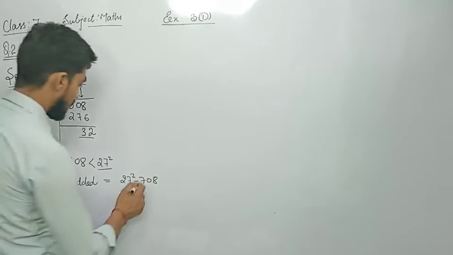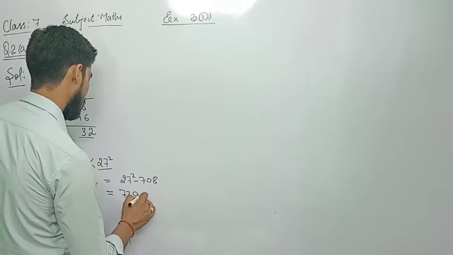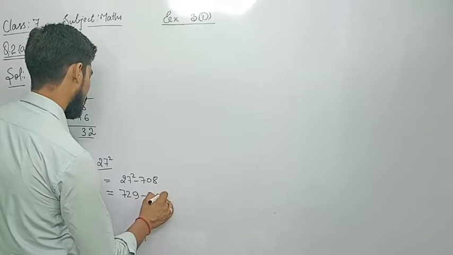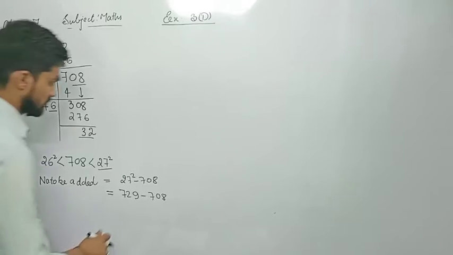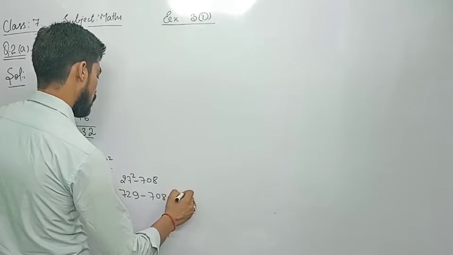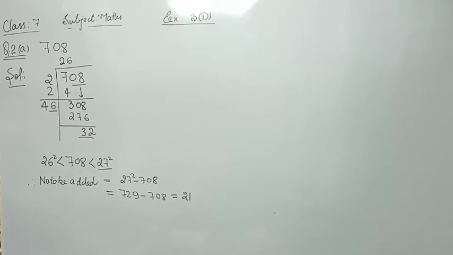See, 27 square is 729 minus 708. Correct? It means 21. Some mistake I am doing.